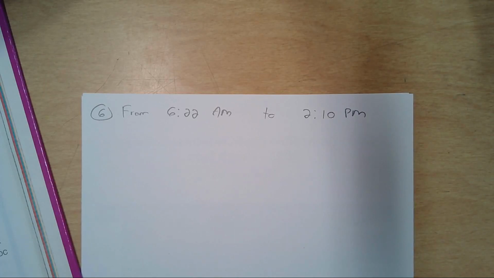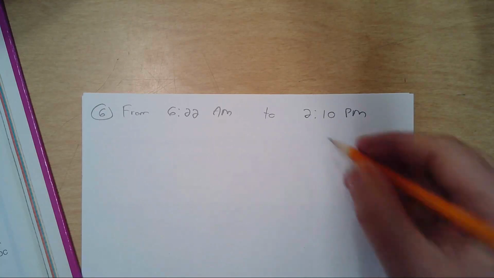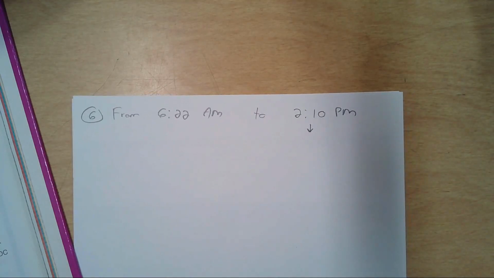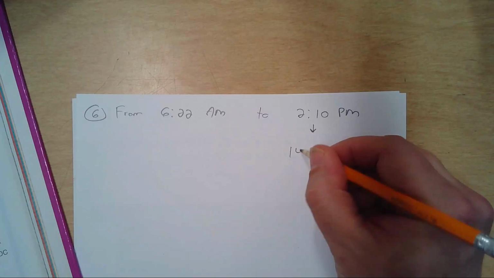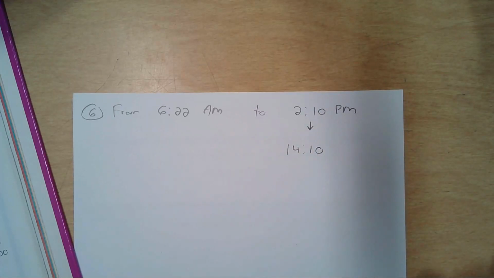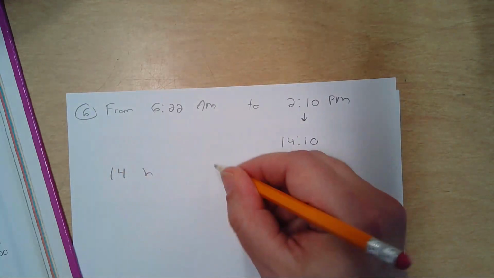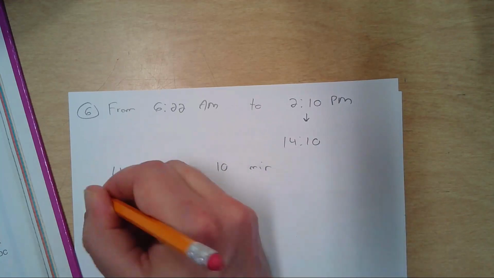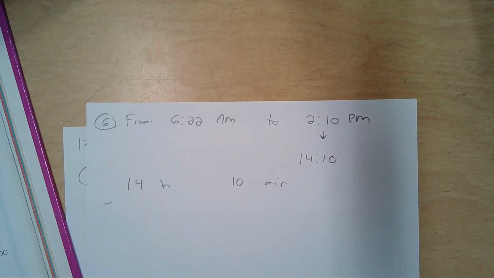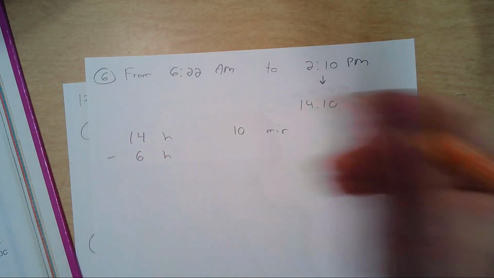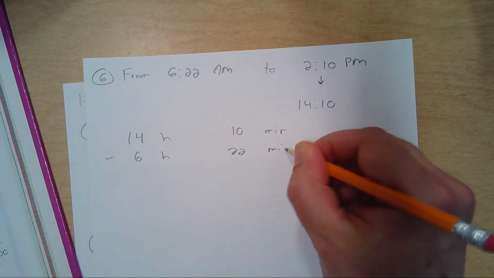22, 48. Thank you. So military time, 2:10 p.m. is 14:10. And now I can go ahead and subtract my 14 hours, 10 minutes, and then I subtract where I started from here. 6:22 is 6 hours and 22 minutes.